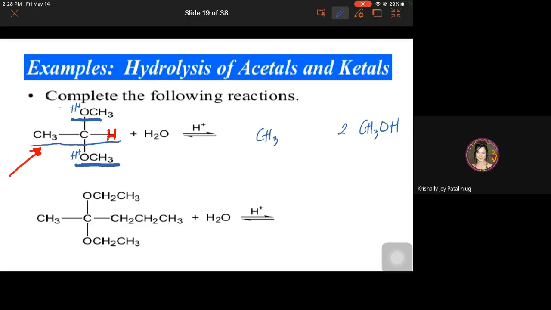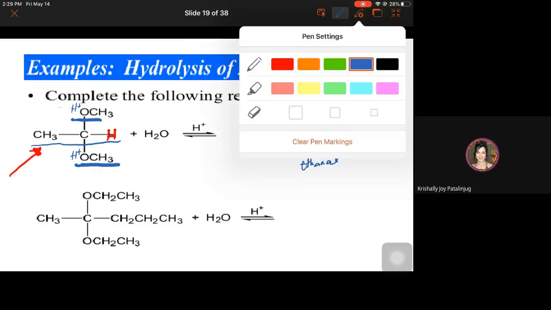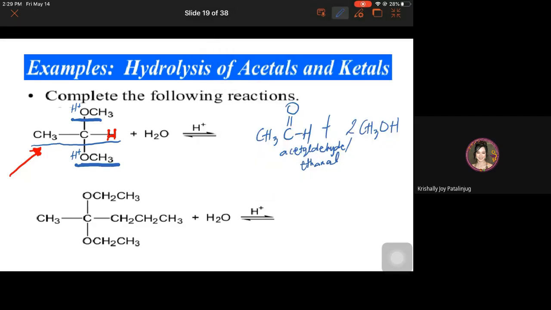Then next, carbon double bond O to form its aldehyde group. Particularly, this is acetaldehyde, or ethanal, plus 2 moles of methanol.